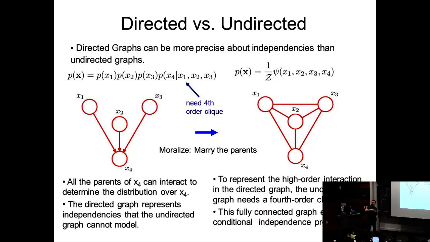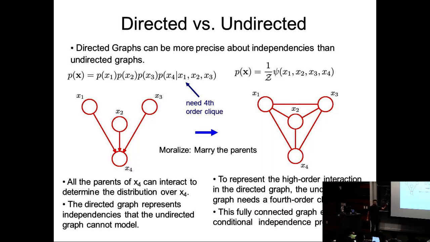And if I do that, I can't really be precise about the nature of this conditional probability. The way you convert from directed to undirected graphs is a process called moralization. You marry the parents, and if you marry the parents, you basically get this graph.